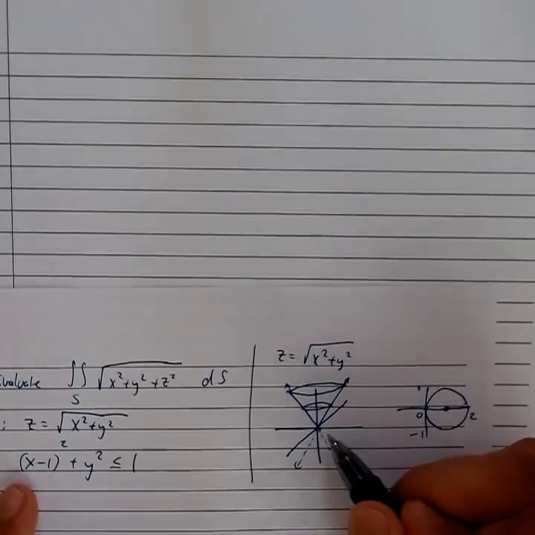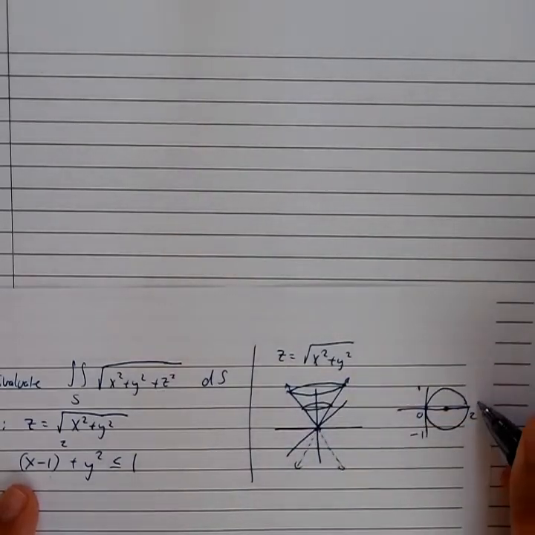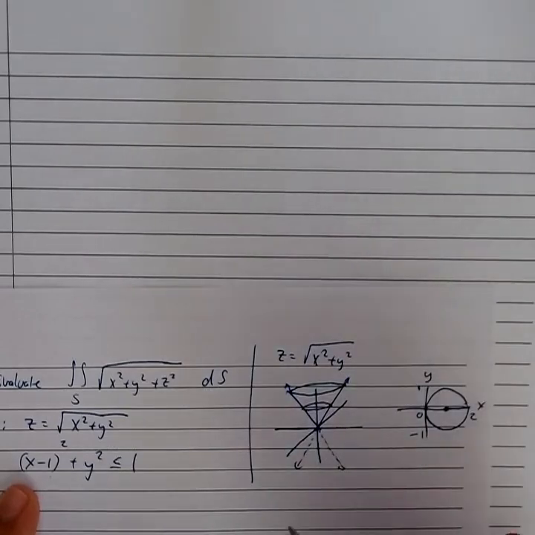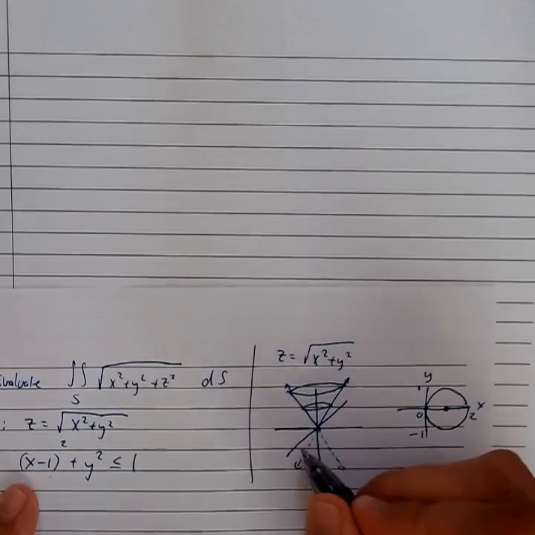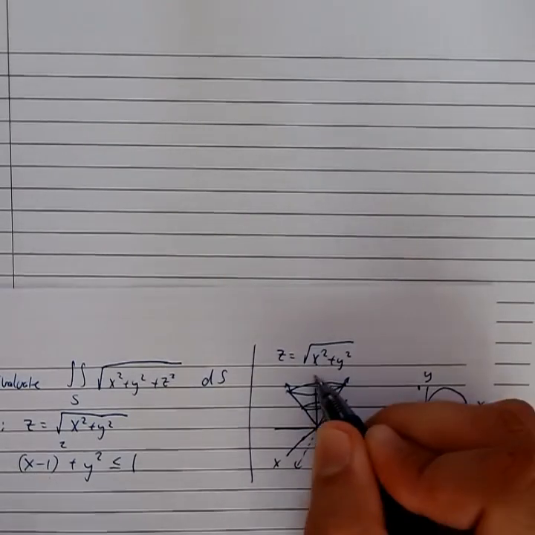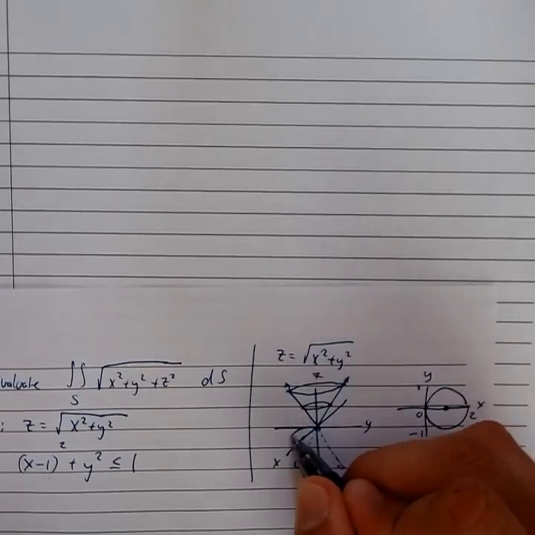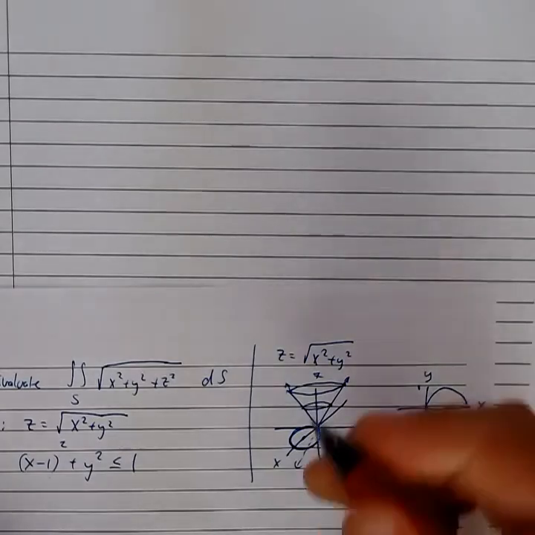So what that means is, yeah, I want that cone, but I don't want all of the cone. I only want the part of the cone that is on top of the circle of radius 1 that is centered at (1, 0). So that's my x, and that's my y, and that's my z. Here I have a circle of radius 1 centered there, and I don't want the whole cone.